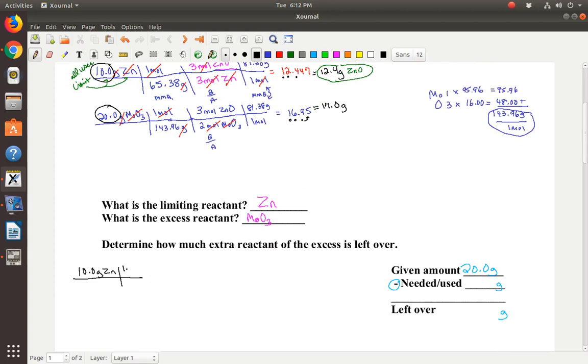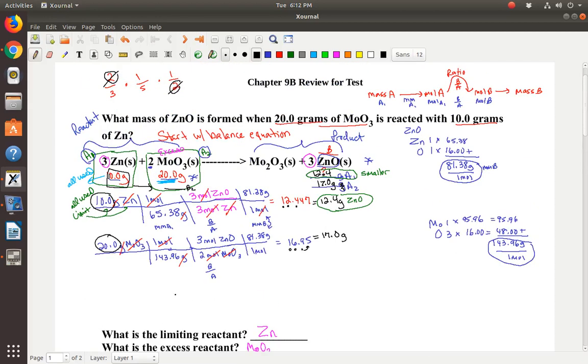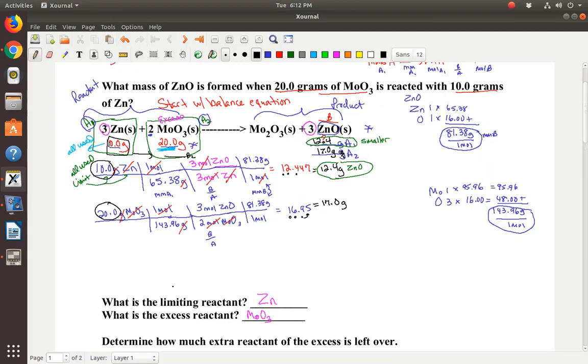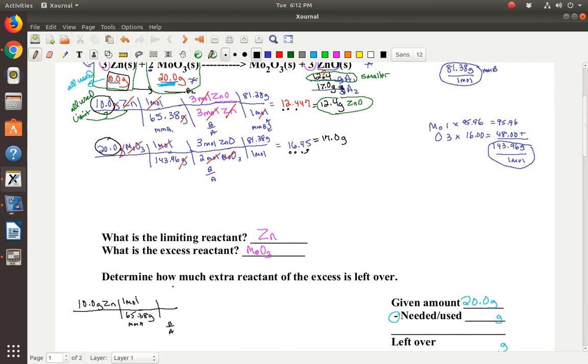I turn it into moles. 1 mole is 65.38 grams. I know that already because this is the molar mass of A. And then I need the B over A ratio. Remember that the ratio, B is always just the second molecule. All right, I'm going to rewrite the equation just down here so I don't have to flip back and forth.